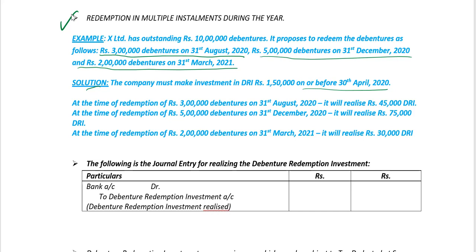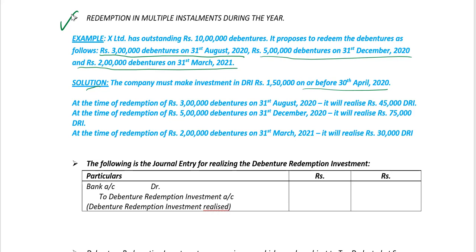Now we'll see how the DRI will be realized. At the time of redemption of rupees 3 lakh debentures on 31st August 2020, the company will realize rupees 45,000 DRI, 15% of rupees 3 lakh. At the time of redemption of rupees 5 lakh debentures on 31st December 2020, it will realize 15% of rupees 5 lakh, which is rupees 75,000 DRI.